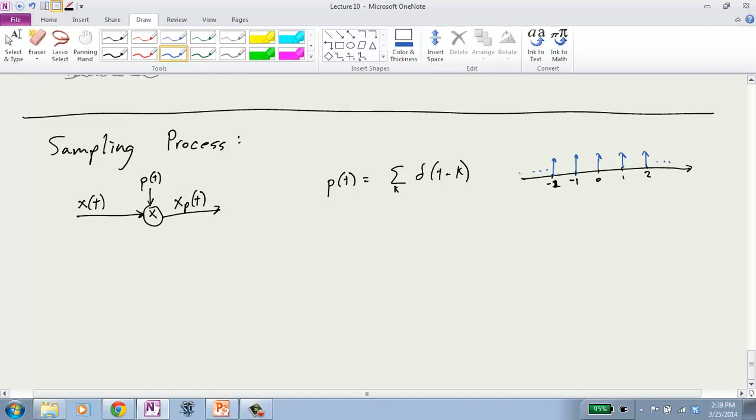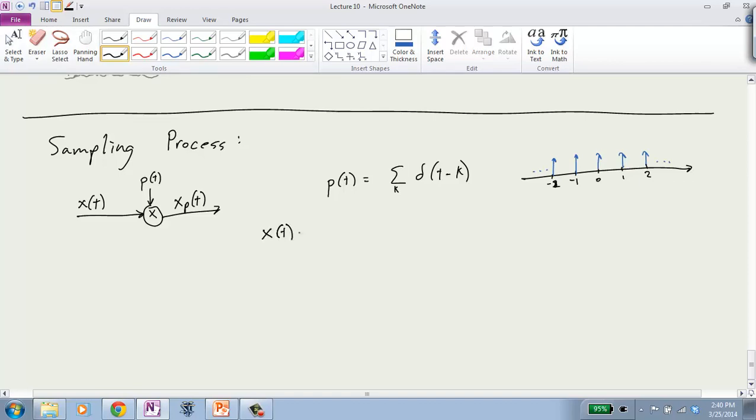Now imagine that you take your continuous time signal and you multiply it with these pulses. Well, we already have a simplification that if you multiply a continuous function with a delta function, it's equivalent to the following. I think if I write it, it'll make more sense.